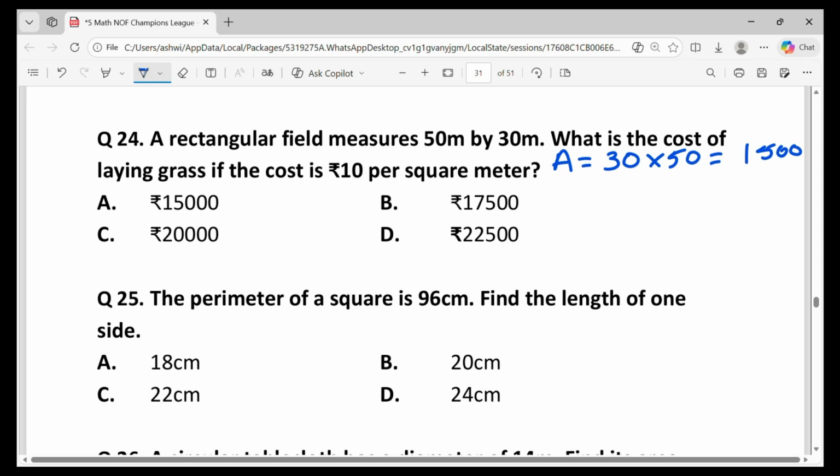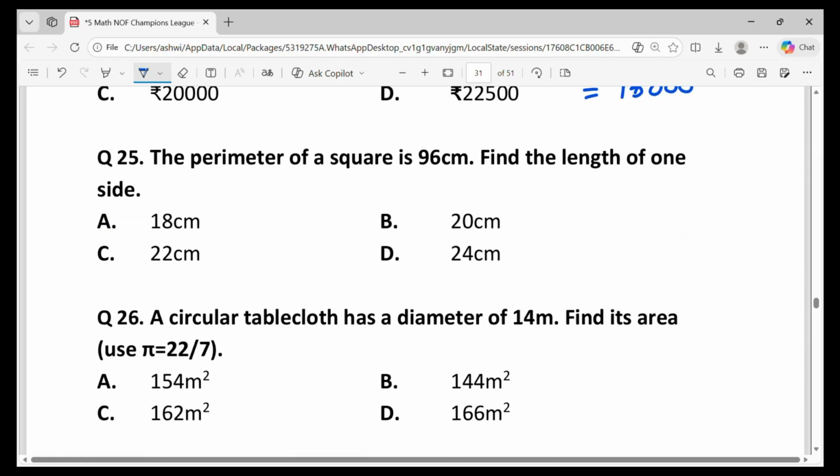The total cost will be area into cost per square meter. So the total cost will be equal to 1500 into 10, that is equal to 15,000. That is option A.